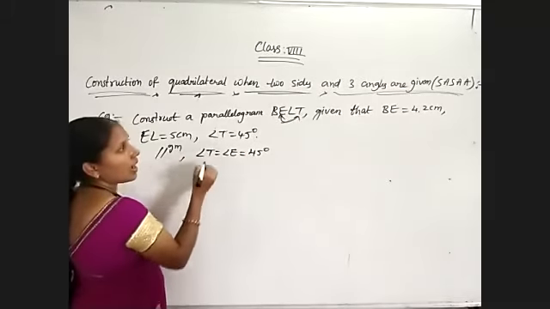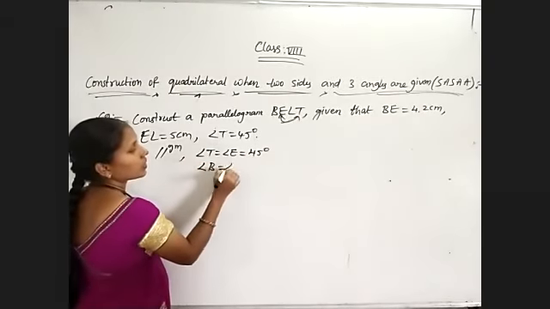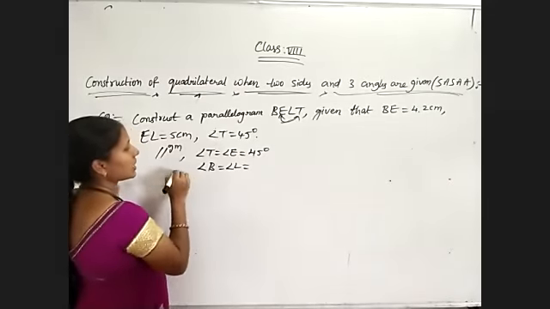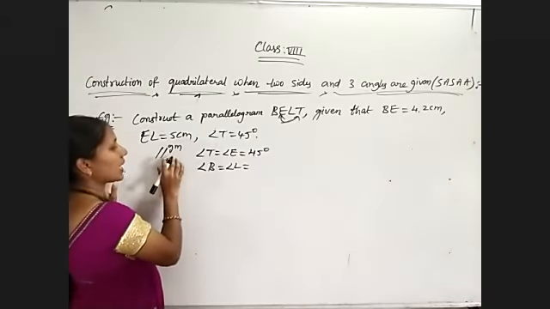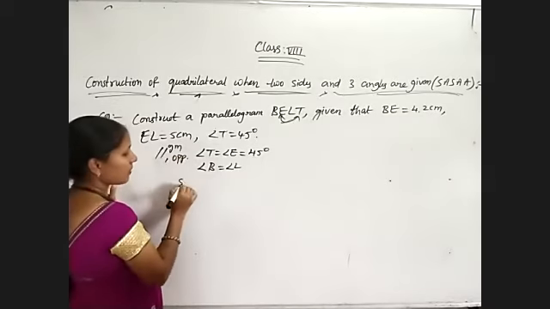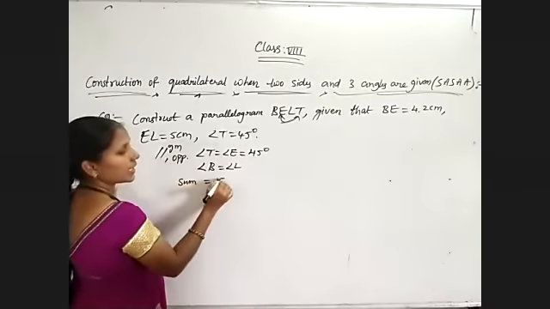And angle B is equal to angle L, by the sum of adjacent angles property. So this is for opposite angles, and the sum of the adjacent angles is equal to 180 degrees.